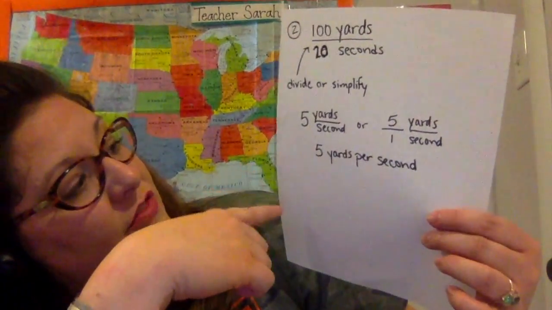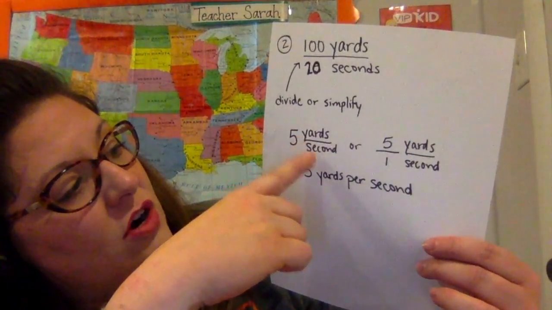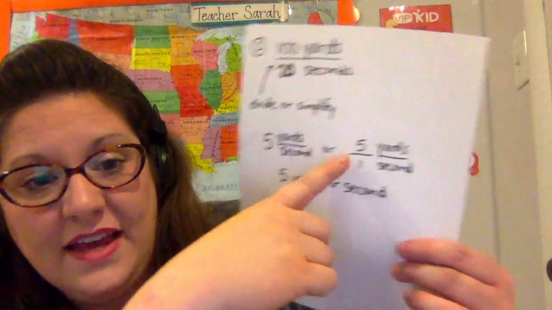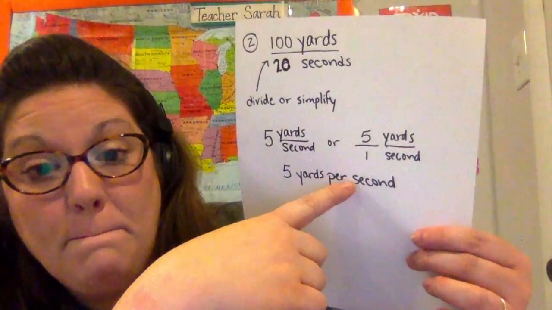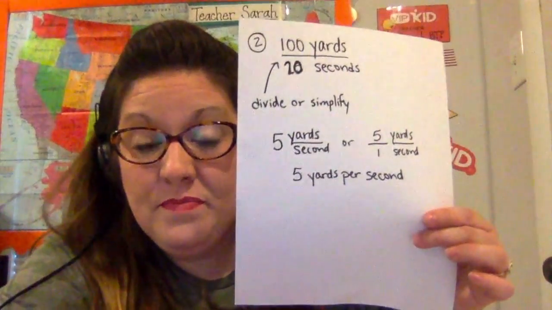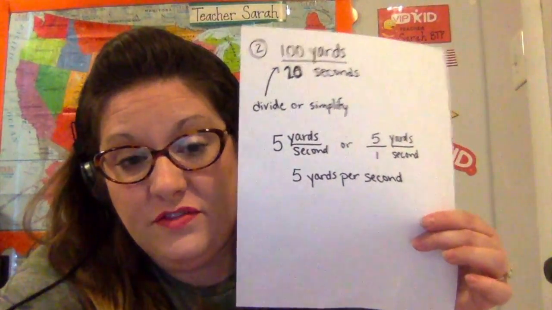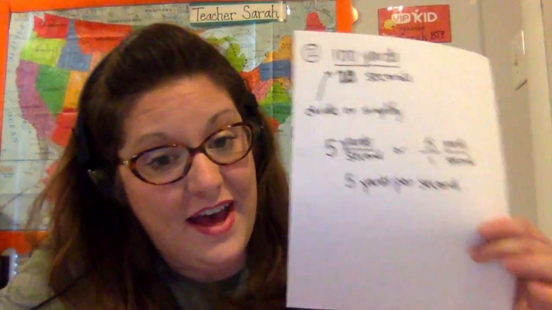So we can say the football player can run 5 yards in 1 second, or 5 yards per second. So this is our unit rate. This football player runs 5 yards per second.